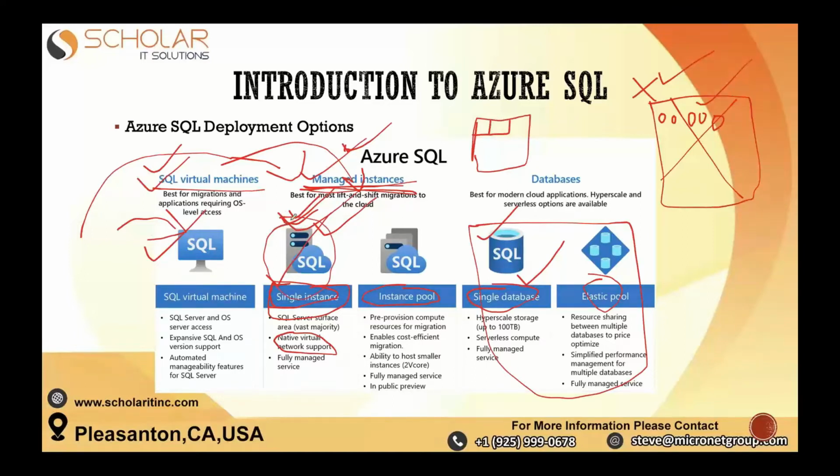Now, if you are in a company where you may have to spin up a managed instance multiple times a day, or maybe multiple times a week, you can create an instance pool upfront with the required resources, and then deploy your SQL managed instance within this instance pool, and that is really quick.